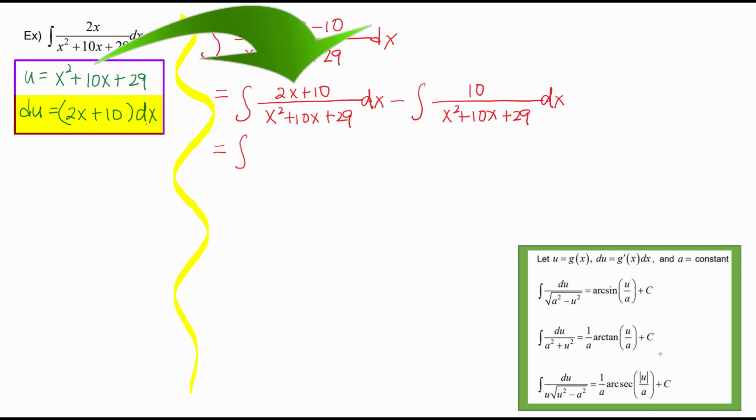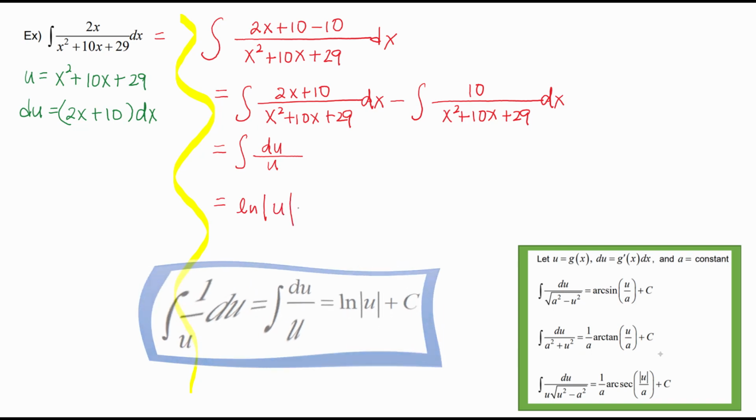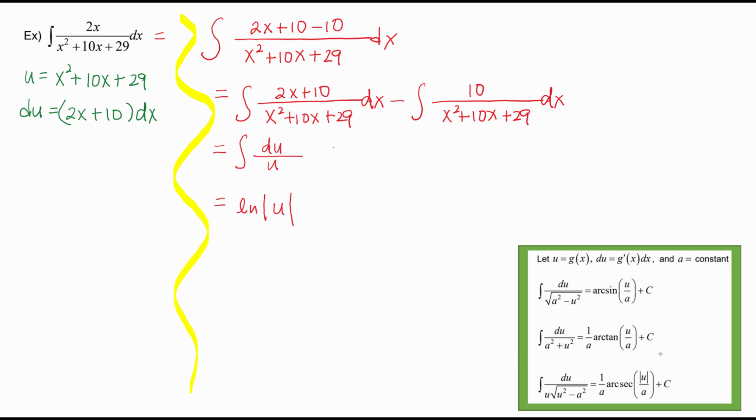You have it right there with the green set up. It is your du over quantity x squared plus 10x plus 29, which is your u. What's the integral of du over u, or 1 over u du? Yes, that is ln absolute value of u. And then we're going to continue now with the second integral.